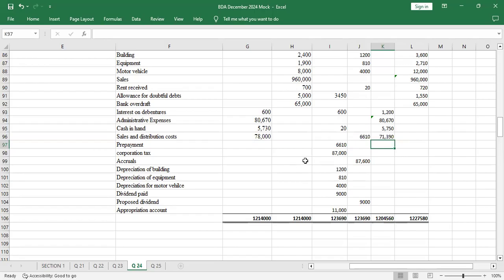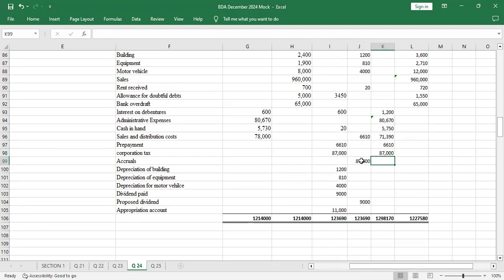Then prepayment, on the debit side, there's no adjustment. Then we have corporation tax. It's also on the debit side.